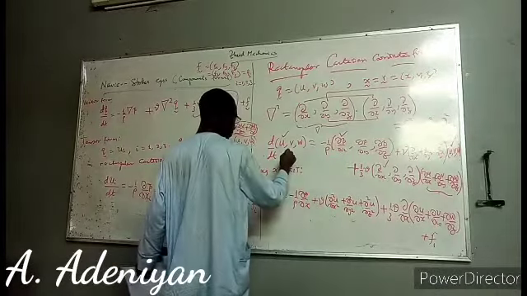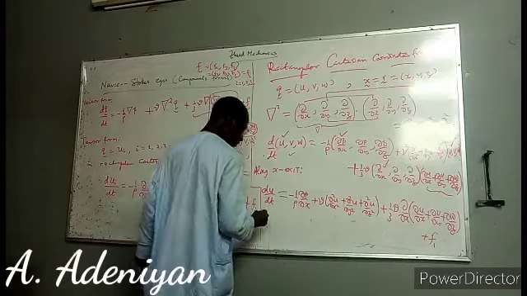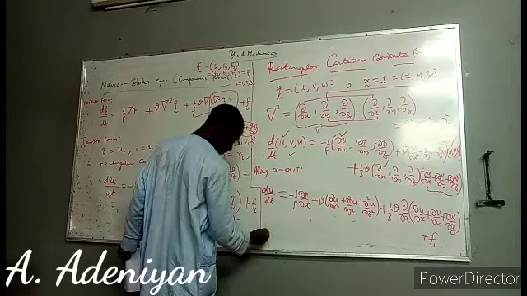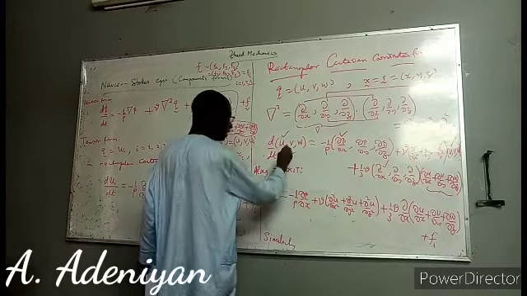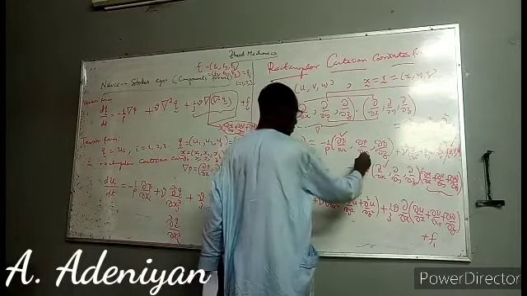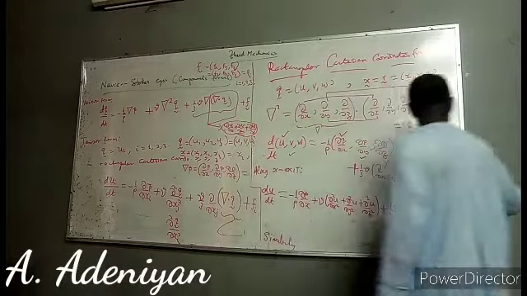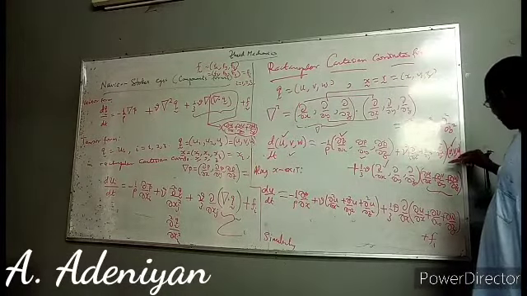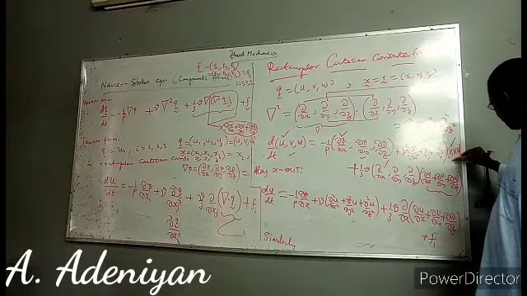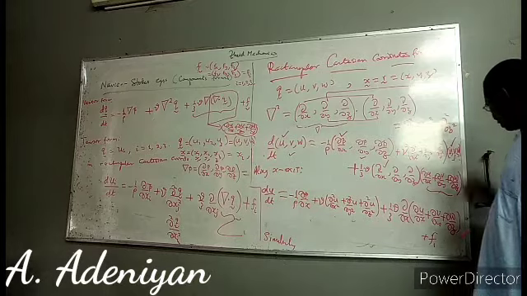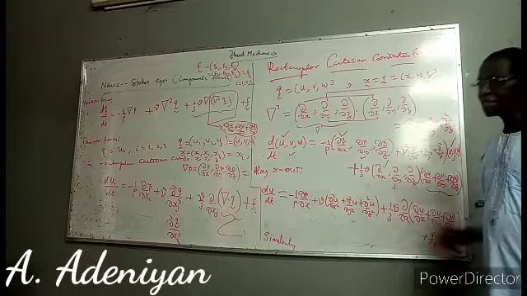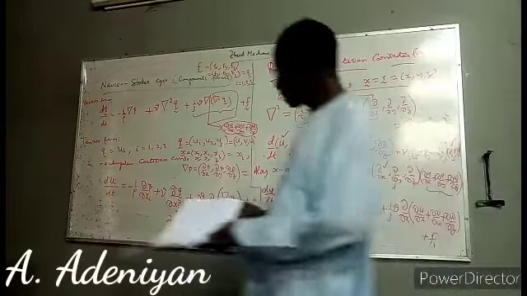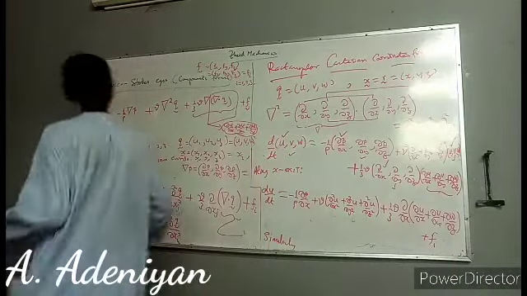Similarly, we follow the same trend. Along y-axis, I'll pick this. It is V I'm going to pick. Then translate it into component form.